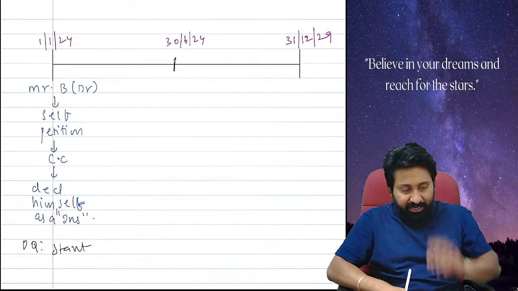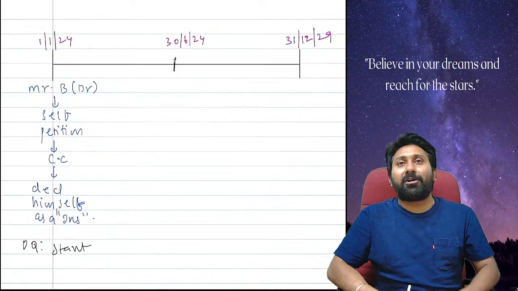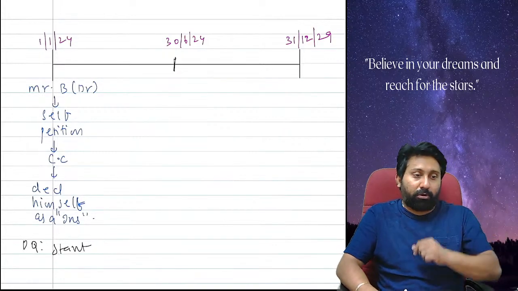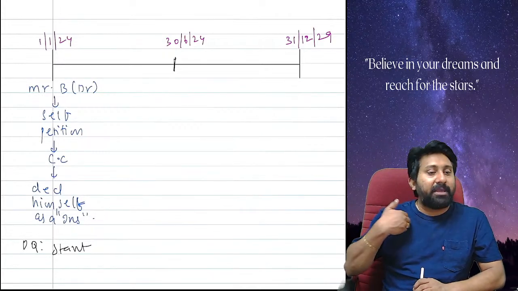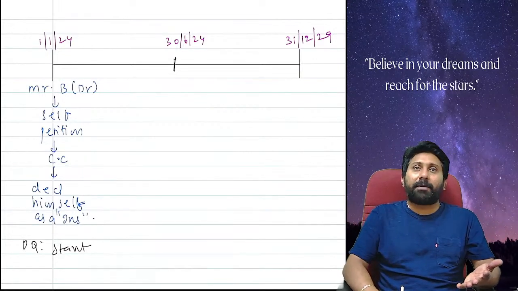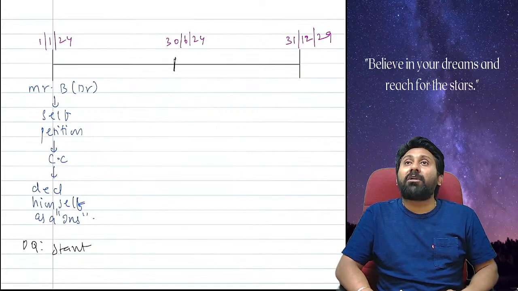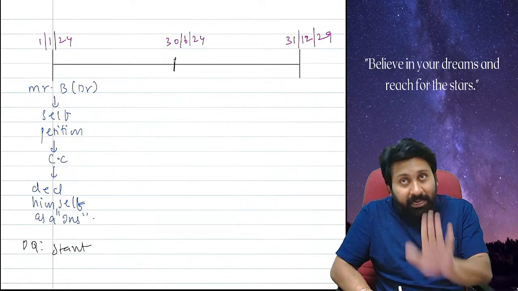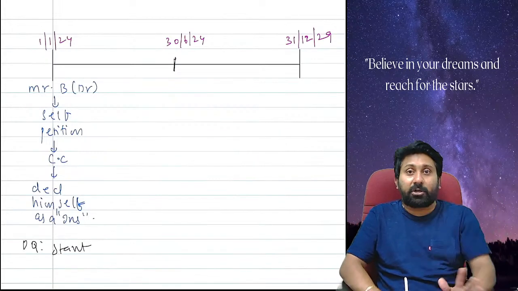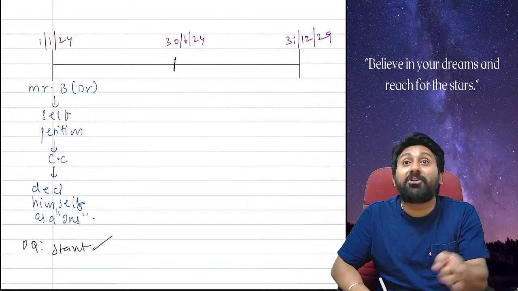Okay, let's understand this. I became a partner. After becoming a partner, 2 years after, on 1/1/2024, I myself applied to the court: court, please declare me as insolvent, because I don't have proper assets to pay the liability. B himself said. The court will say, okay, for a temporary period I will believe that you are insolvent. Therefore, your disqualification will start the moment you apply.